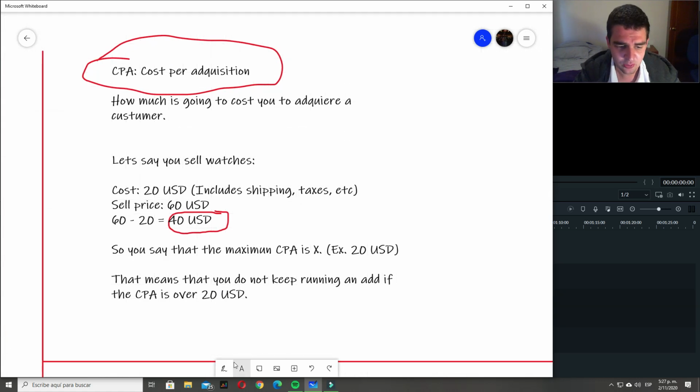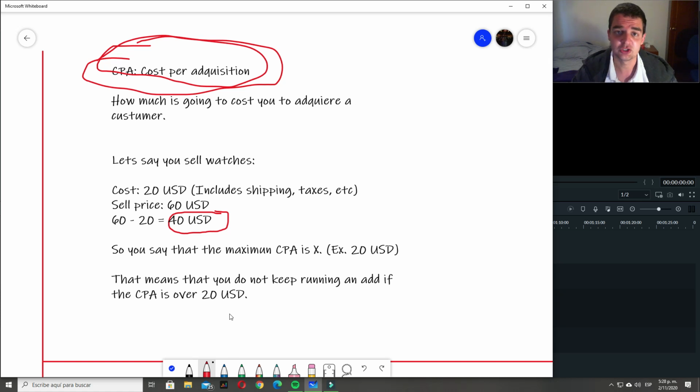Now, why do you want to scale just the ads that are below your CPA, and actually way below your CPA? Well, the reason is that when you scale the ads, when you put more money into them, what is probably going to happen is that your CPA is going to increase, right?